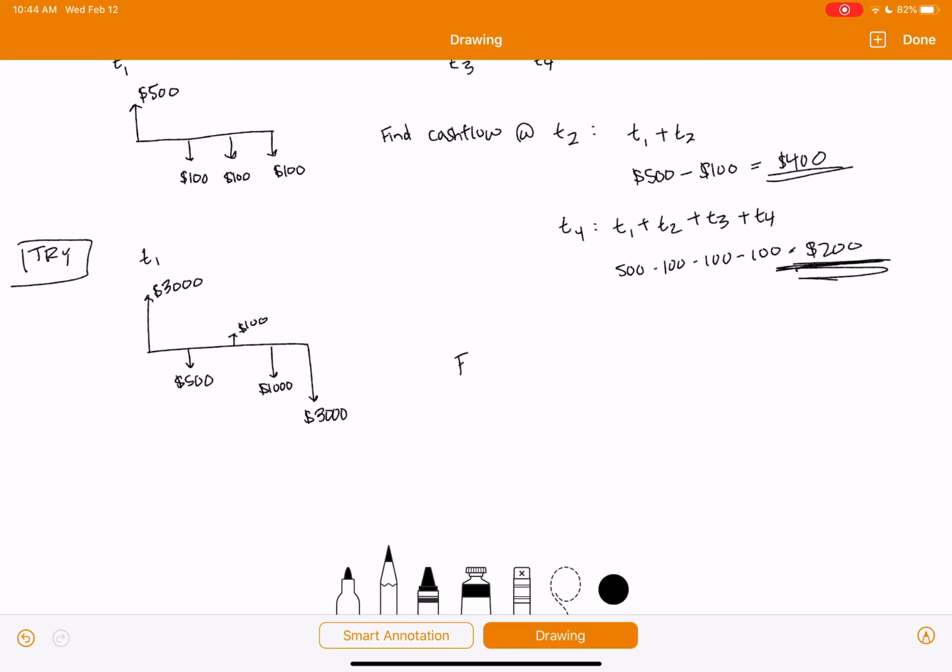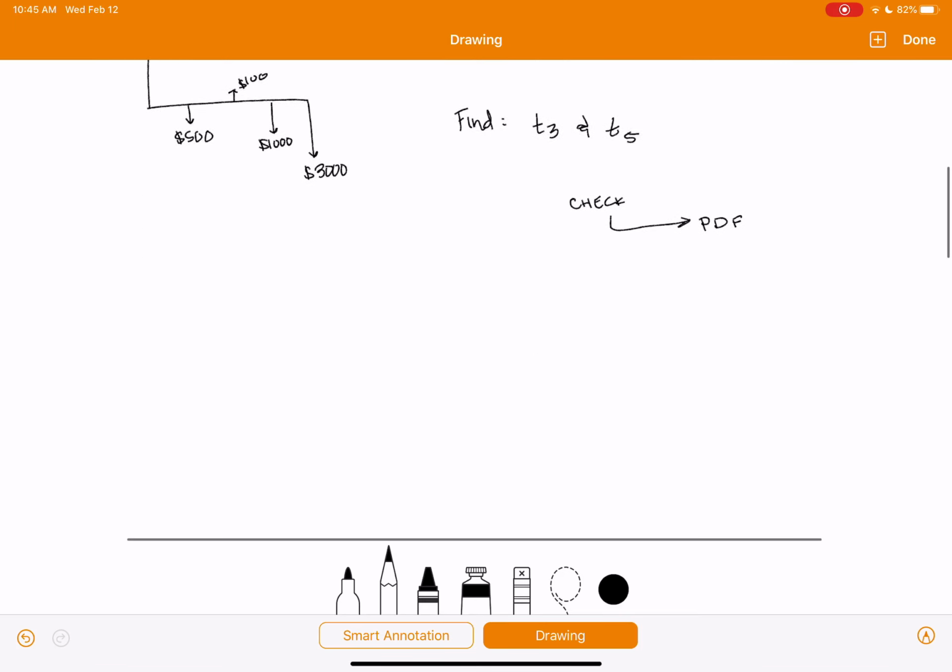And find cash flow at T3 and T5. All right, so go ahead and pause the video. And you can check your answer with the PDF found below this video. Work that out, and then we'll move on to the next section.